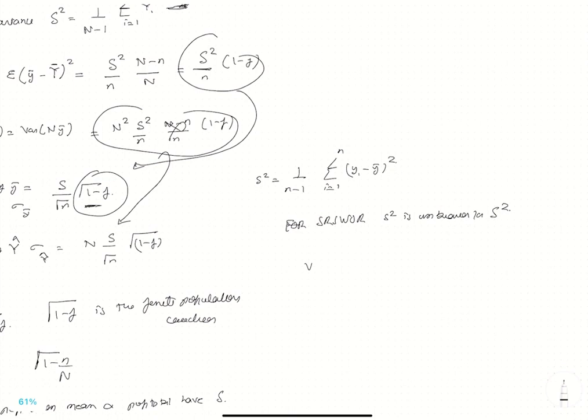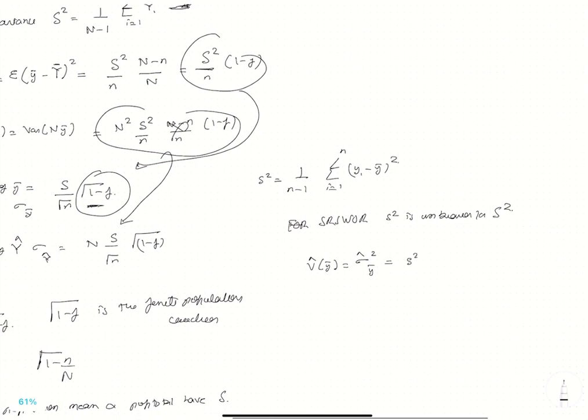So the expected or estimated variance of y bar, small s square y bar, is given by s square by n times (1 minus f).